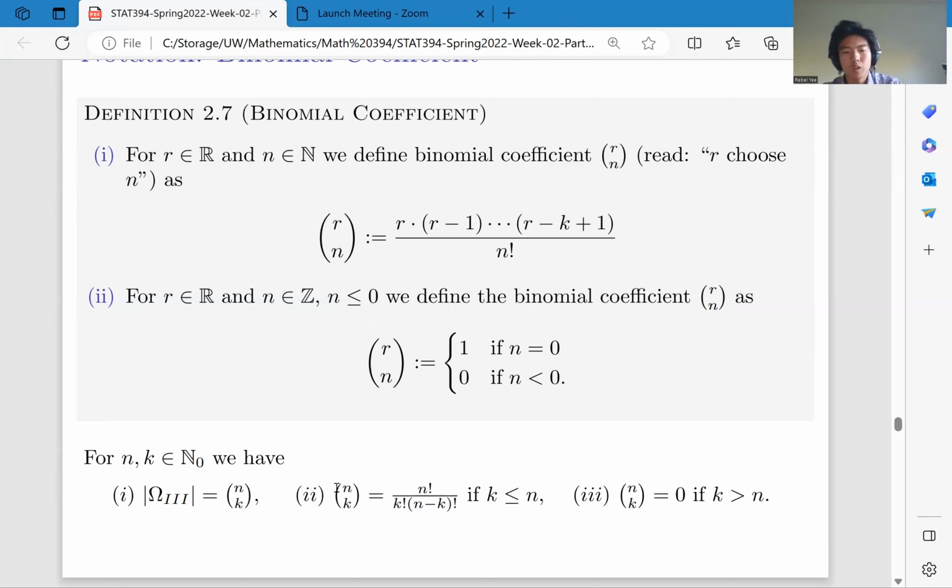So N choose K is equal to N factorial divided by (N minus K) factorial times K factorial, if K is smaller than or equal to N. This is the most useful version of the formula, I would say, in later calculations or later definitions. Why is that? What's the difference from the previous definition?